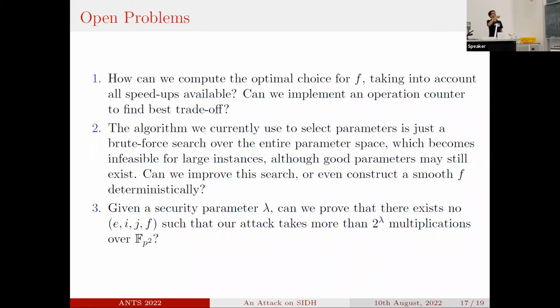These are the open problems that we describe in the paper, and I will leave them here on the slides.